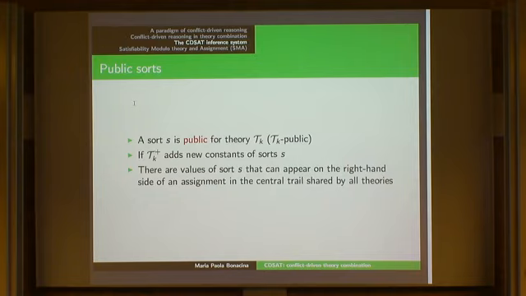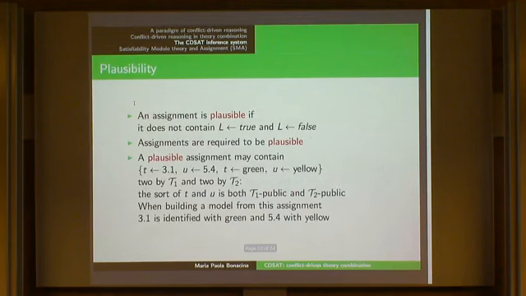And the meaning is that there are values of this sort that can appear on the right-hand side of an assignment in the central trail shared by all theories. Now, an assignment is plausible if it does not contain L gets true and L gets false, which obviously we don't want to have. So assignments are required to be plausible.